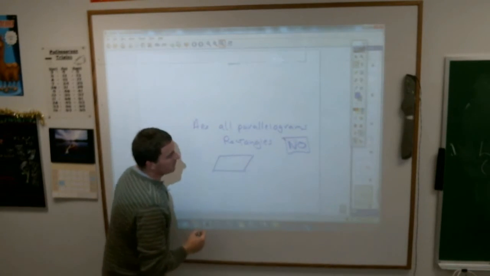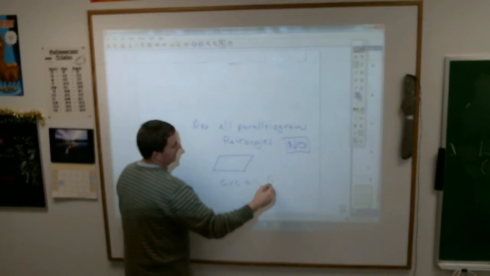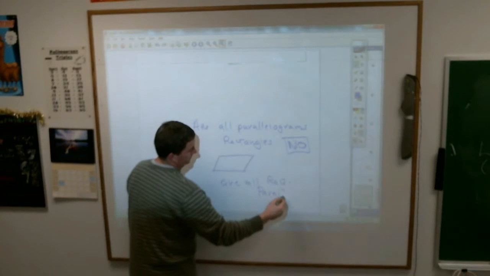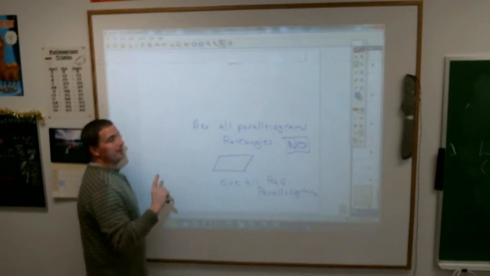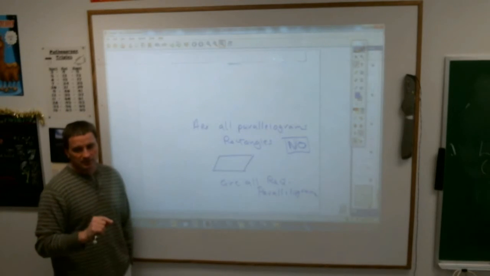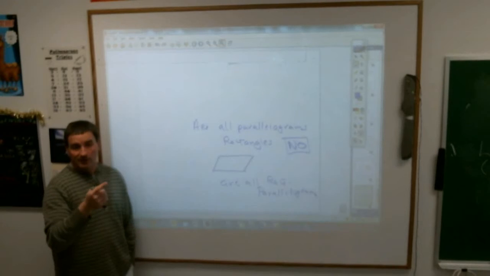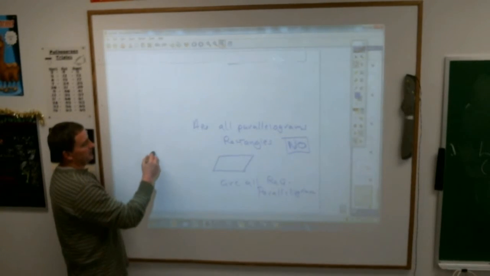What if I switch it around and say, are all rectangles parallelograms? Which would mean, can you draw me a rectangle that is not a parallelogram? Or can you draw me a rectangle that doesn't have opposite sides that are parallel? Well, here's a rectangle.